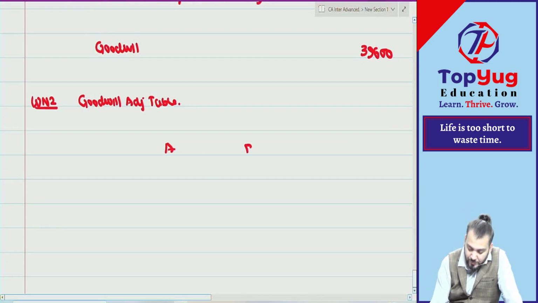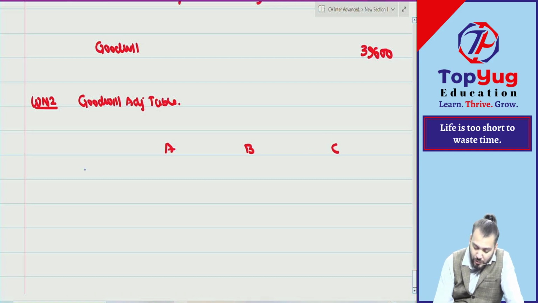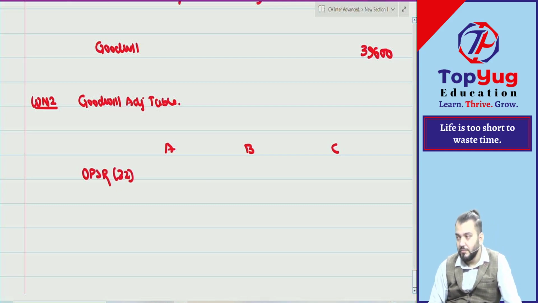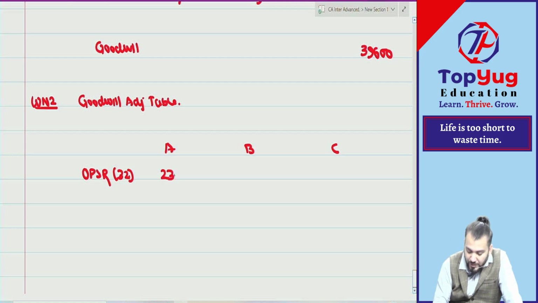A, B, C. First we will do it in OPSR. What is OPSR? 3:2. Allocate 23,760 and okay.